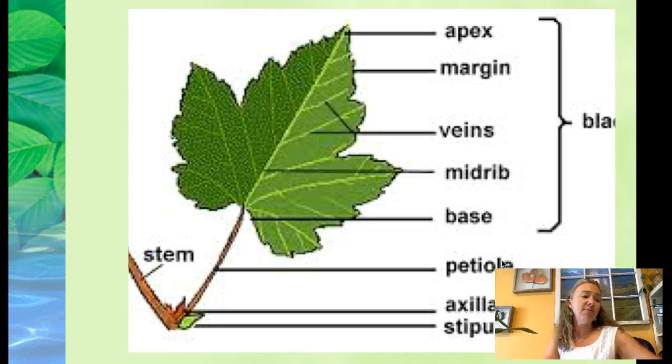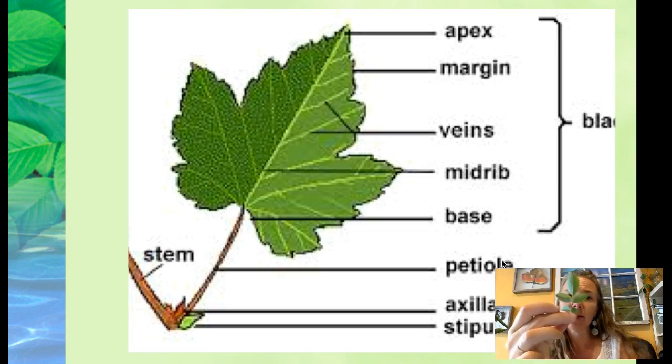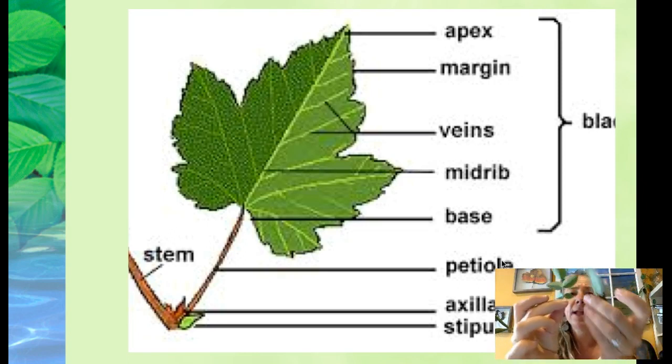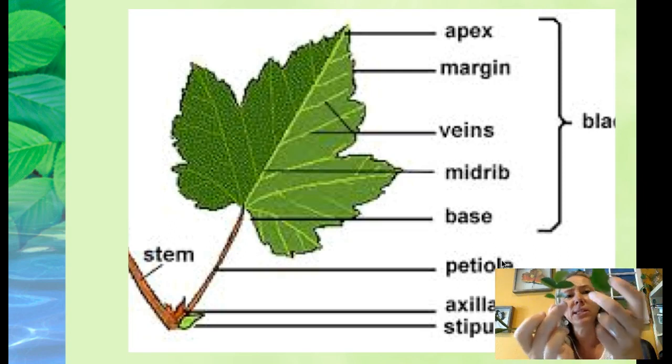Now, leaves can vary in shape. For example, we have a very simple leaf from a member of the mint family here, I think that's hyssop, or a more complex, or what we call compound leaf, which might have several different little individual blades on one petiole versus a simple. So simple or compound, sometimes called complex.